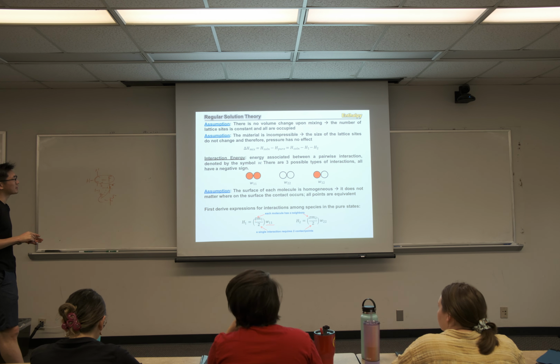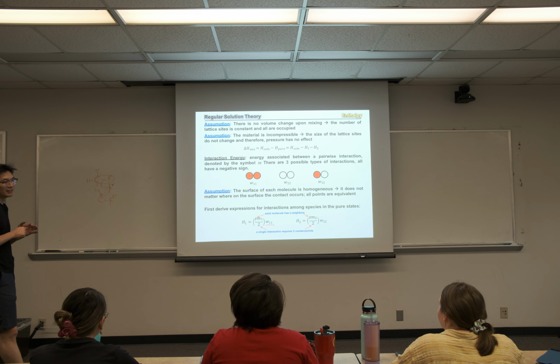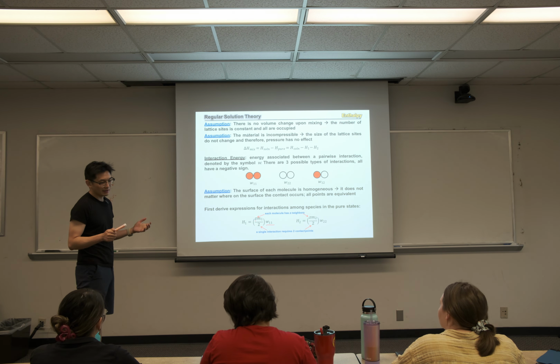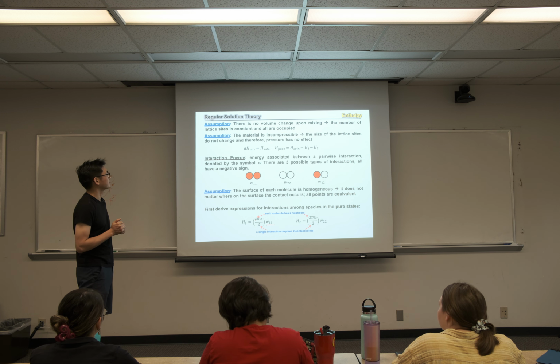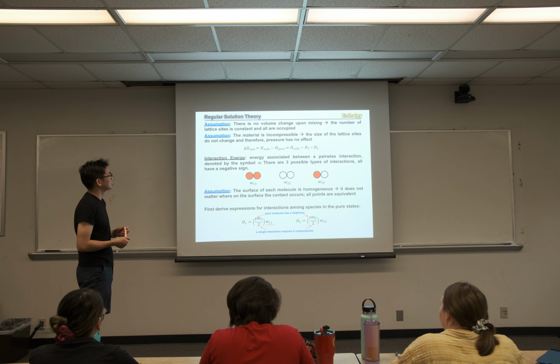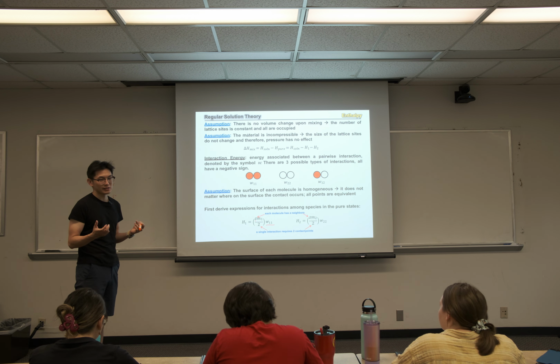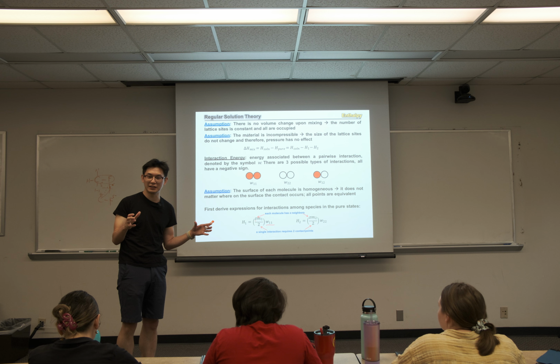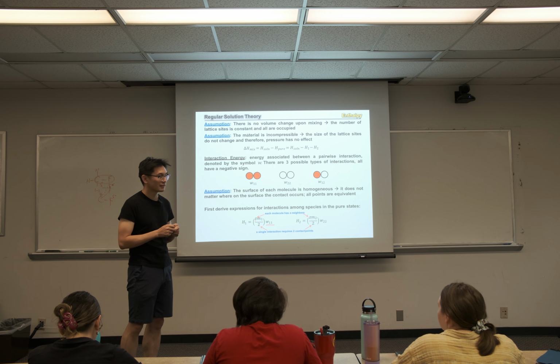So there are a few assumptions we need to make in order to use some simple assumptions, similar to what we talked about before. So those make sense because we want to assume no change of volume, so the number of lattice sites is the same when we mix. Like we did, if we have 9 boxes plus 9 boxes, it will be 18. There's no box missing.